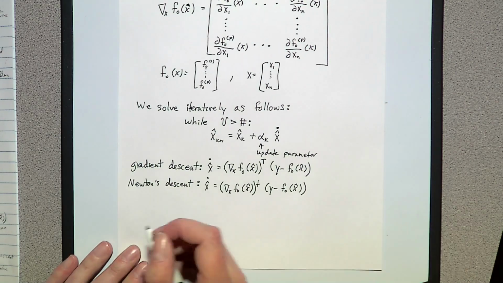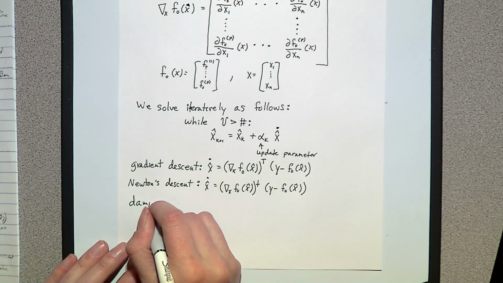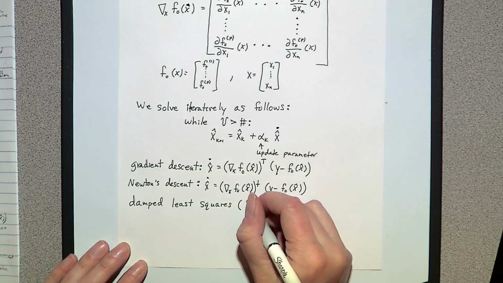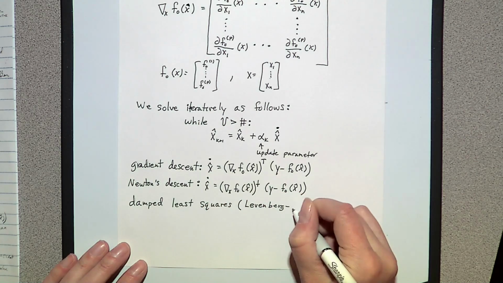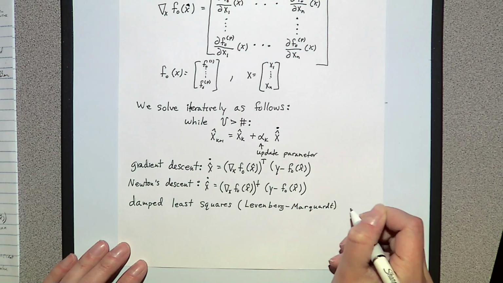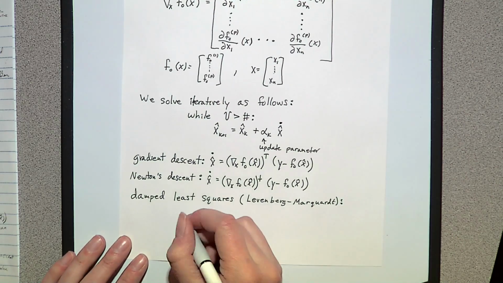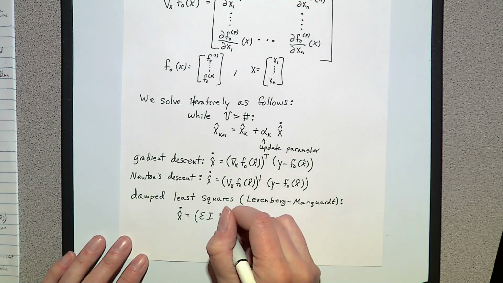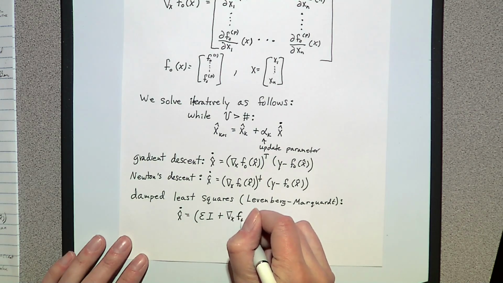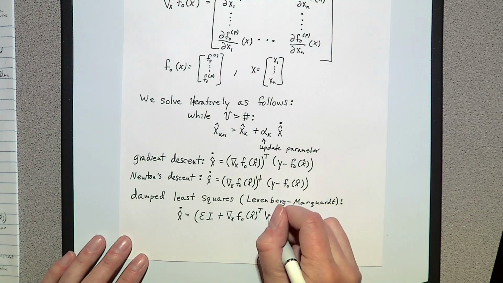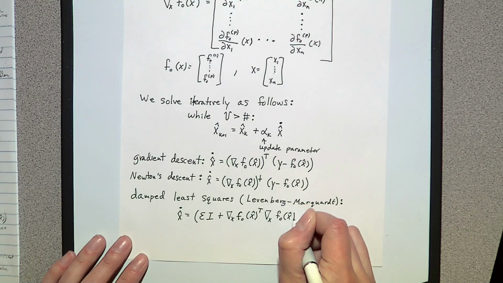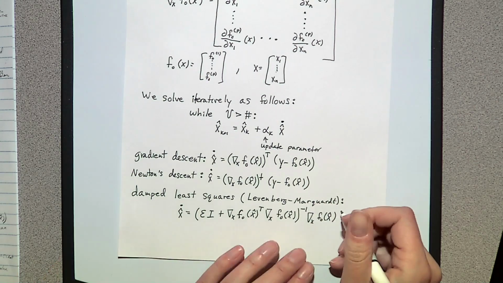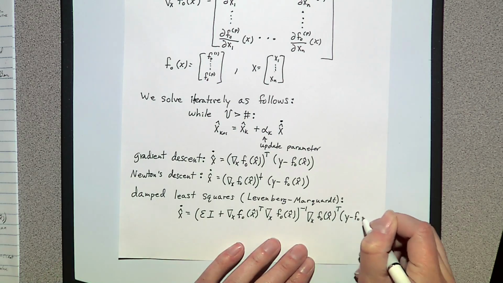And then for those that remember, the other method that we used for inverse kinematics was the damped least squares, or you might also hear it referred to as the Levenberg-Marquardt method, where we have x hat dot is equal to epsilon I plus gradient x f0 x hat transpose gradient x f0 x hat, inverse, gradient x f0 x hat transpose, y minus f0 of x hat.